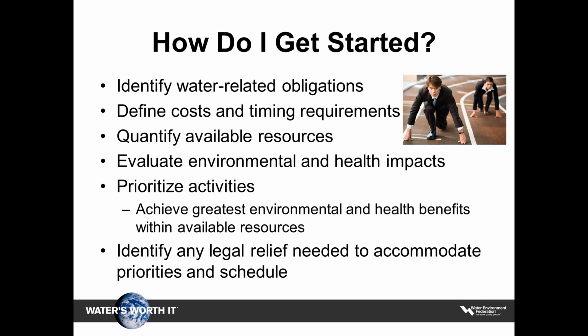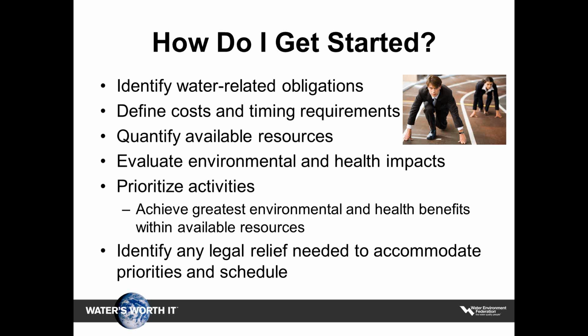So when you're talking about the legal mechanisms, you need to think about whether you would like to implement through permits or an enforcement order. As I mentioned, most communities have been looking at integrated planning in the enforcement context, but that's not necessarily going to be the case for all communities, particularly those who are not subject to an enforcement action right now.